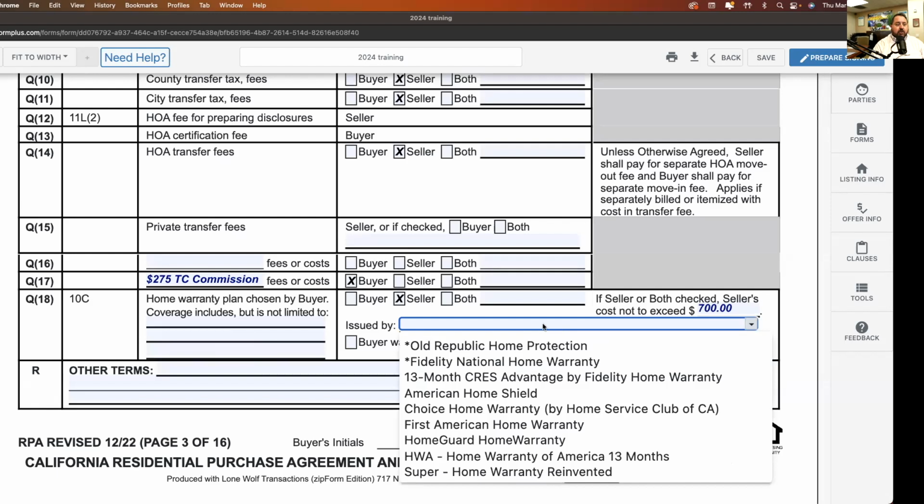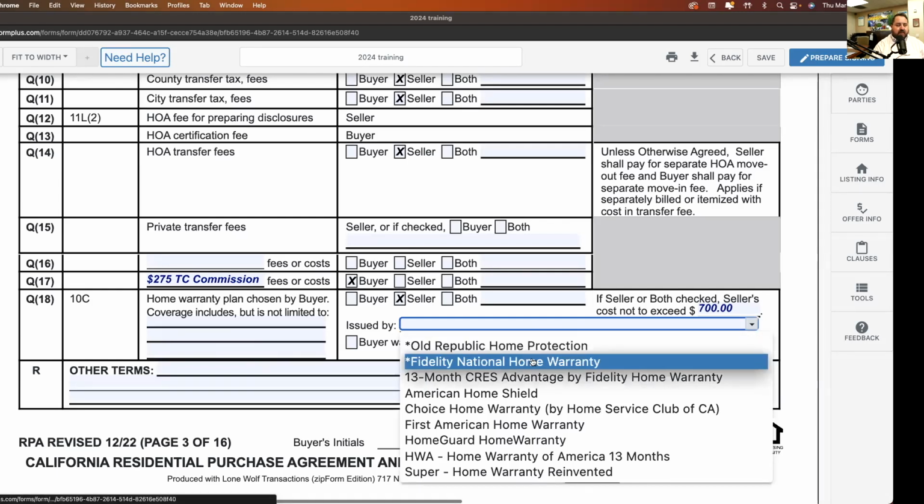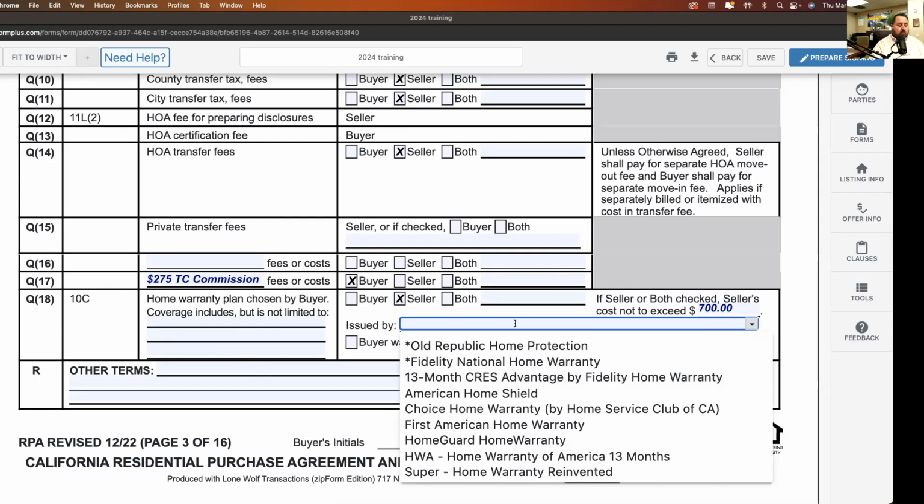When you are selecting your service providers, whether that be Old Republic, Fidelity, or First American, whoever you're doing, you have to make sure, especially as a buyer's agent, that you are identifying the rep you work with.